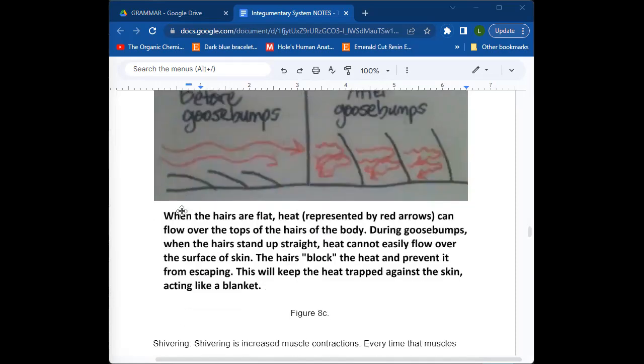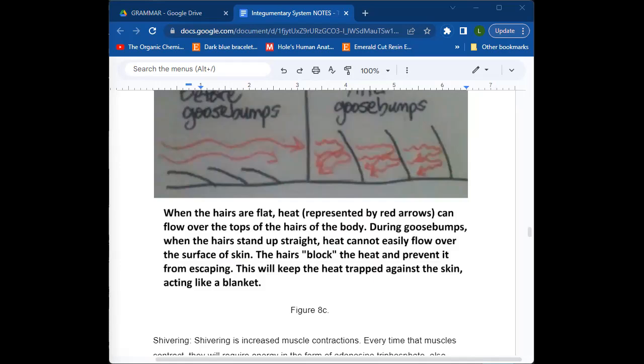And then the goosebumps, basically, they will help create this little blanket of heat around the body. It's going to act almost like a little blanket. The heat won't be able to escape very easily. It'll be trapped against the surface of the skin.